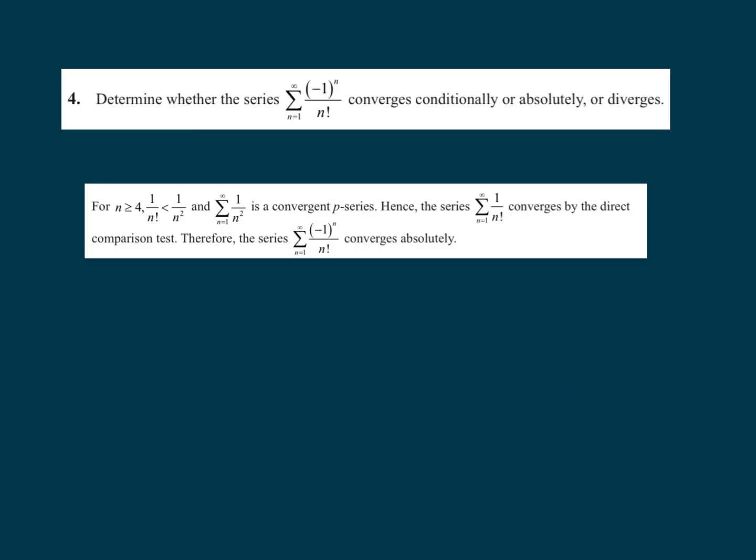Okay, let's do this other one. Determine whether the series minus 1 to the n divided by n factorial converges conditionally or absolutely. Well, it converges absolutely. I say that because the series of the absolute value converges and the alternating series converges. So let's write the series.